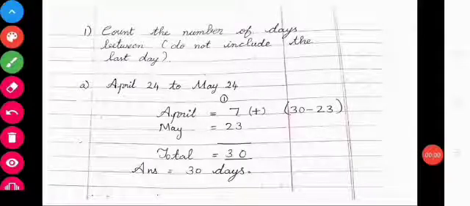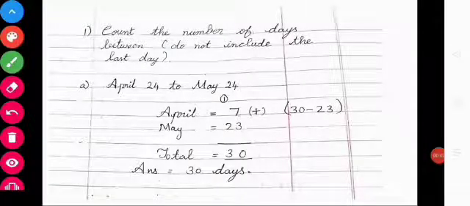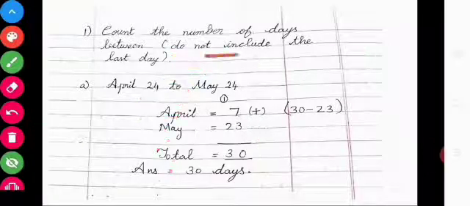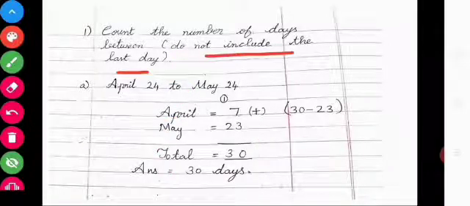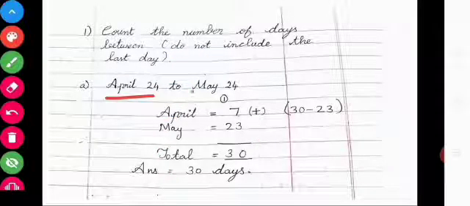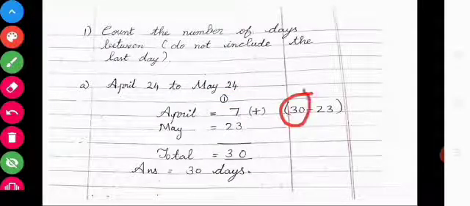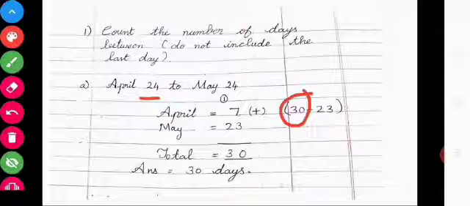See that problem. Count the number of days between. Do not include the last day. April 24 to May 24. April month, how many days in total? 30 days. And then 24 before, April 23.